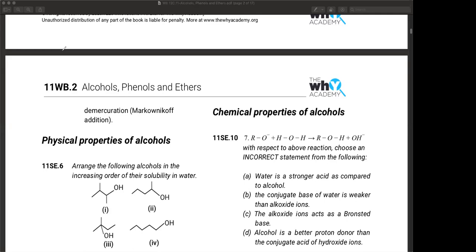Ria, yes. Yasmin. So what I can see, a lot of you are getting confused between B and C. So let's look at those statements. Statement B is saying conjugate base of water. What is the conjugate base of water?